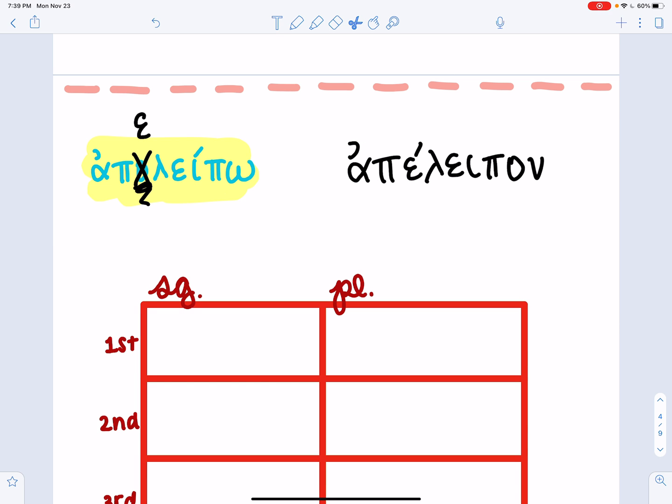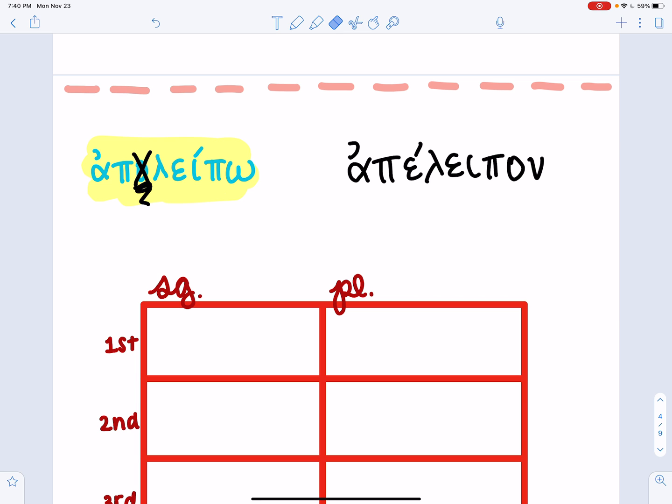So you'd actually end up with the same form, but that's just because when you have a vowel at the end of your prefix, it goes away. So vowel at the end of your prefix, you just get rid of it and add the epsilon right there before the base verb. If you have no vowel at the end of the prefix, you add your epsilon before the base verb, you're all good to go. If there is a vowel at the end of the prefix, get rid of the vowel, add your epsilon before the base verb, and then you can start.